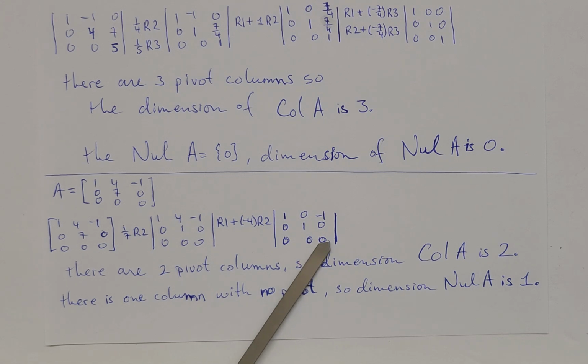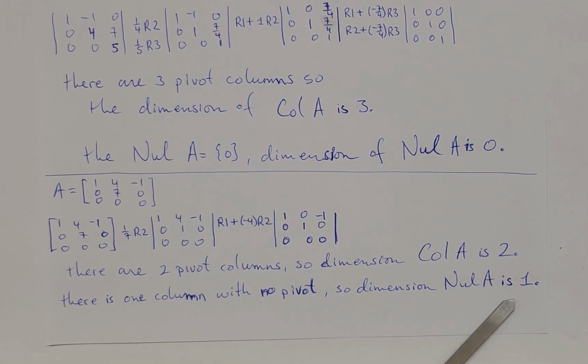A 0 could be here, here, here, or sometimes here too. If I have a 0 in any of these pivot positions, that will tell me the dimension of null A.